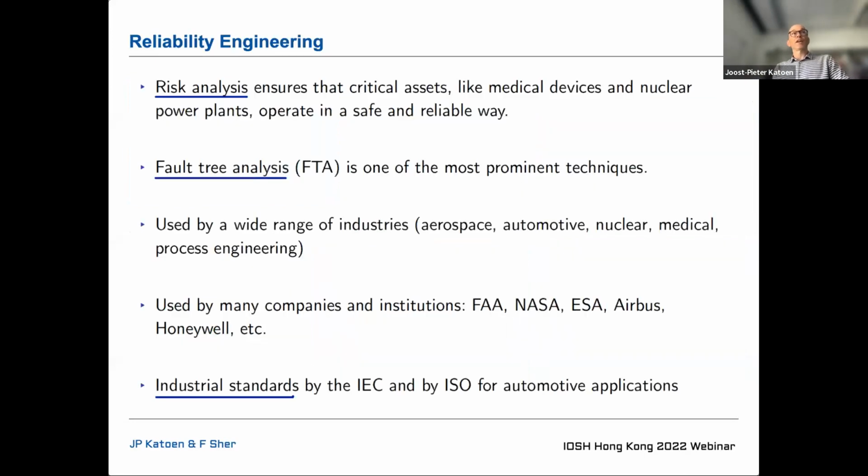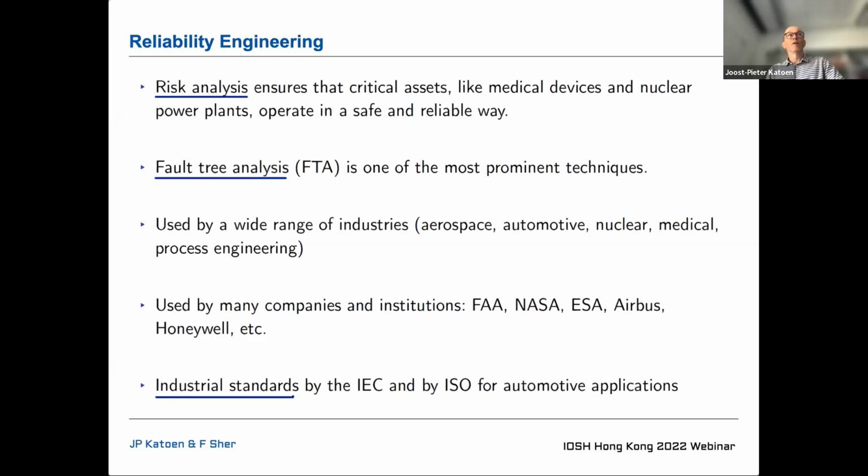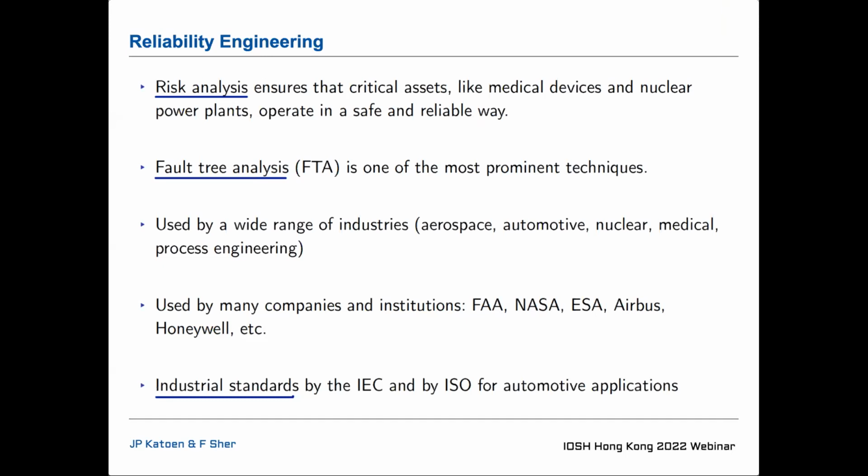So I would like to start with something that is familiar to you, right? We all know risk analysis, where you ensure that certain critical assets, like medical devices and other devices, operate in a safe and reliable way. And fault tree analysis is, since the 1960s, already one of the most prominent techniques there.